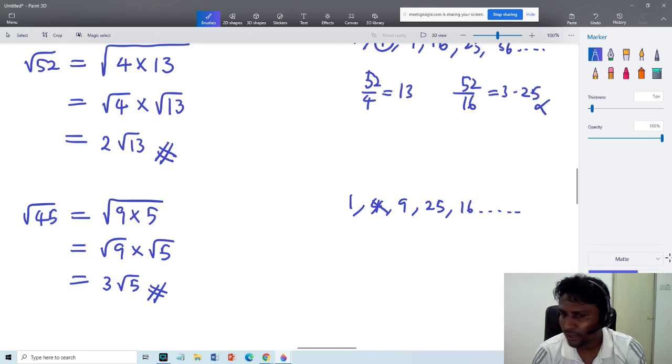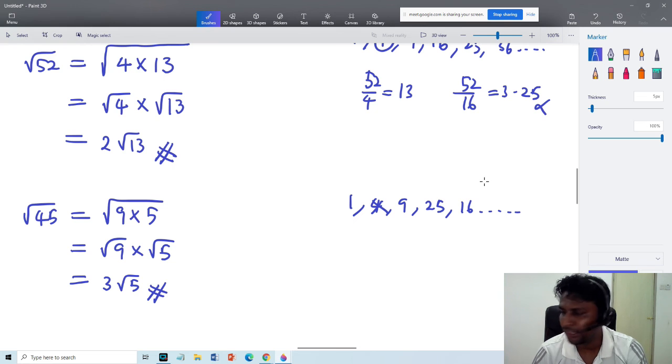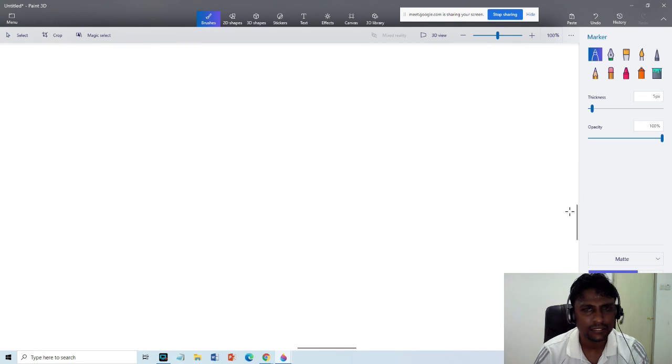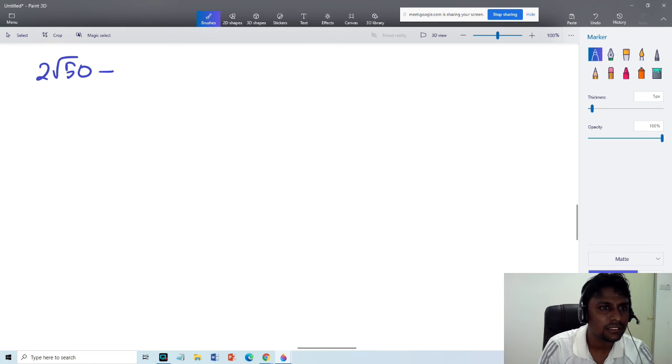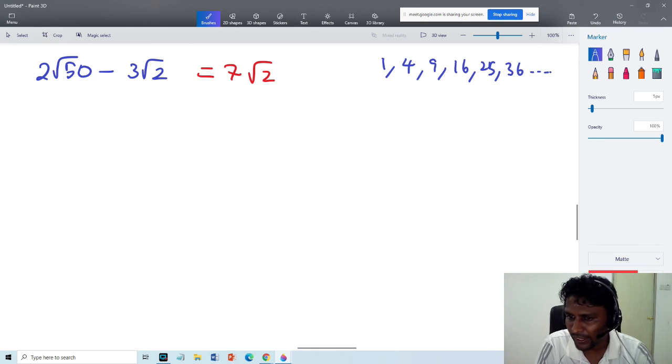Okay, this one is easy, huh? Now I give you one challenging question. 2 square root 50 minus 3 square root 2. You need to simplify to the simplest form. Now I give you the answer.